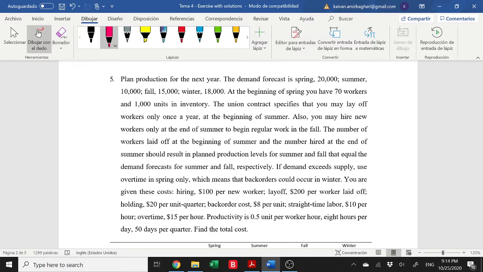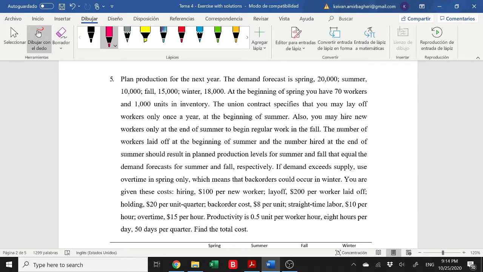So you are given these costs. Hiring cost $100 per new worker. Layoff cost $200 per worker laid off. Holding cost, holding the inventory, is 20 per unit per quarter.